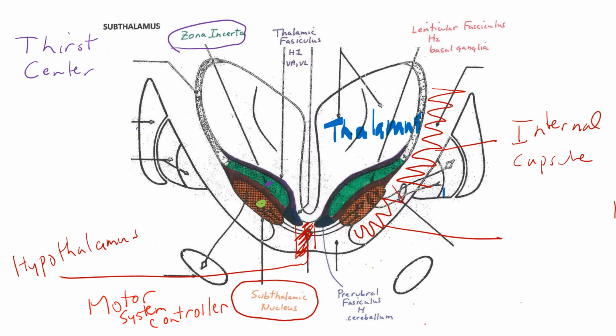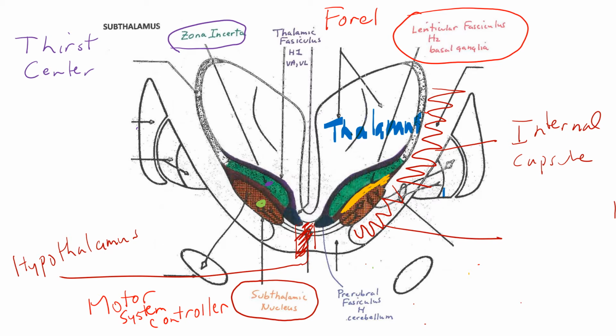Then from there, we're going to see three groups of axons. Our first axon area is going to be in between the zona incerta and the subthalamic nucleus. And this area is called the lenticular fasciculus. The lenticular fasciculus, along with the other axon areas, were described by a man named Forel.